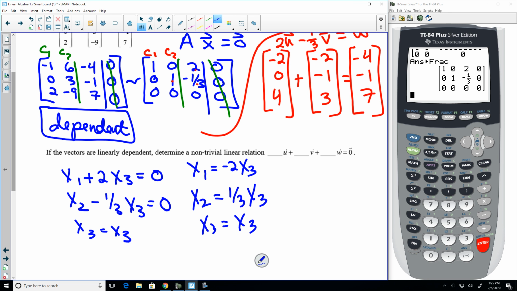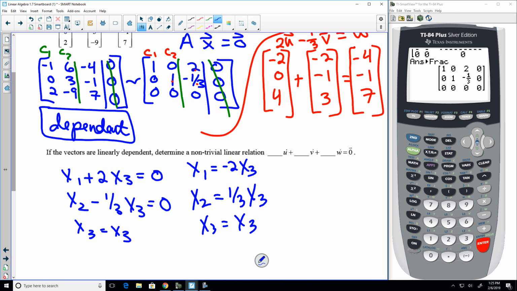We need to come up with an example. So x1 is going to get multiplied by u, and x2 is going to multiply by v, and x3 is going to multiply by w. So let's let x3 be something nice.